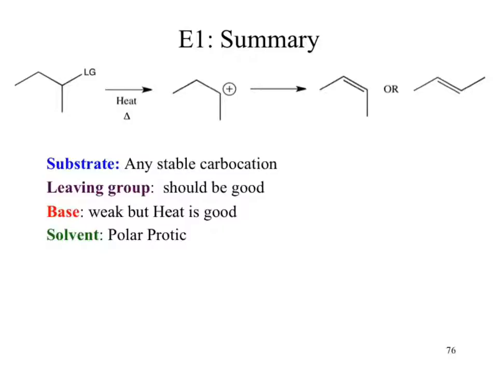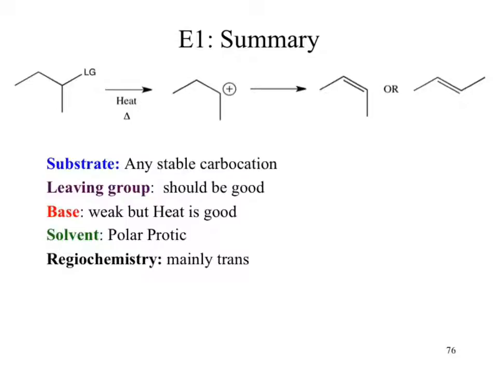Solvent, why polar protic? Stabilize the carbocation. It's still going back to those same patterns. Okay. Regiochemistry. In the SN1s, or the SN reactions, we looked at stereochemistry. Where's our chiral atom? Here we're going to refer to regiochemistry. Where is the formation of our double bond?